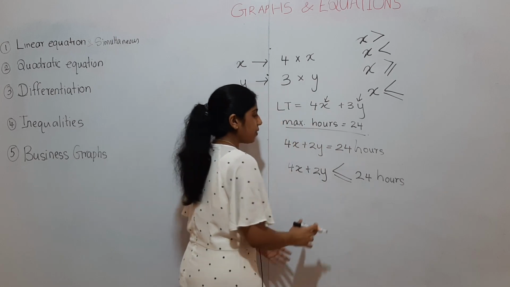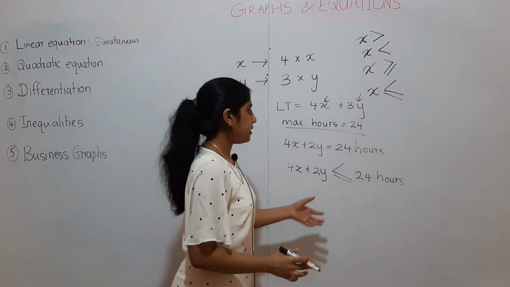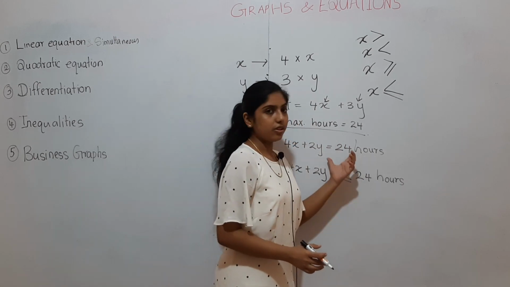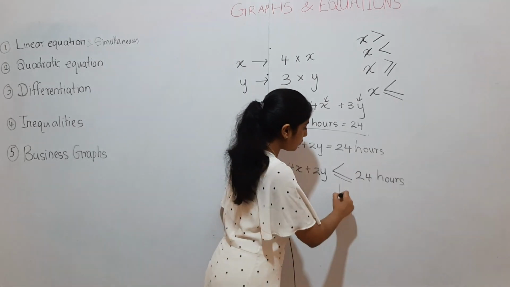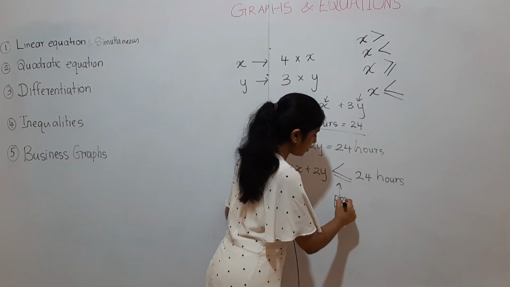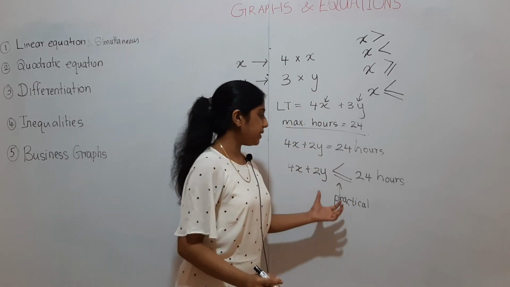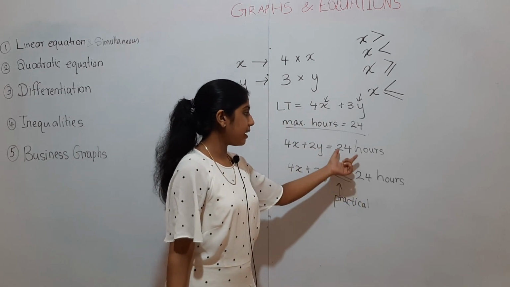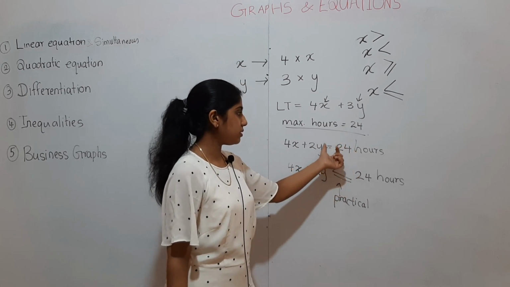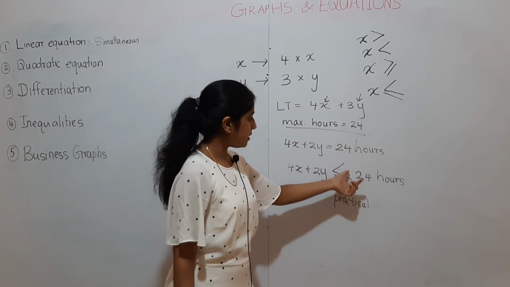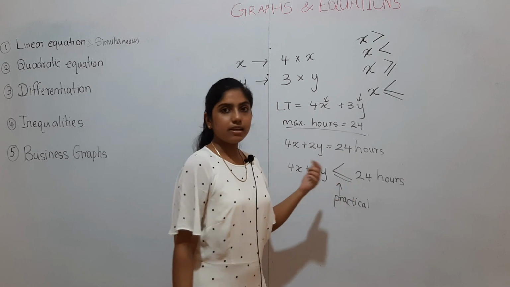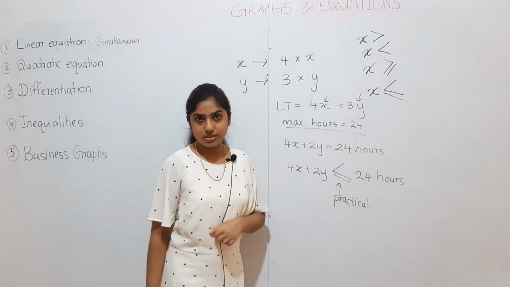That is the reason why we insert inequalities into equations, because of practical implication. Practically, we cannot say it will take exactly 24 hours, because it is more likely to be less than 24 hours.